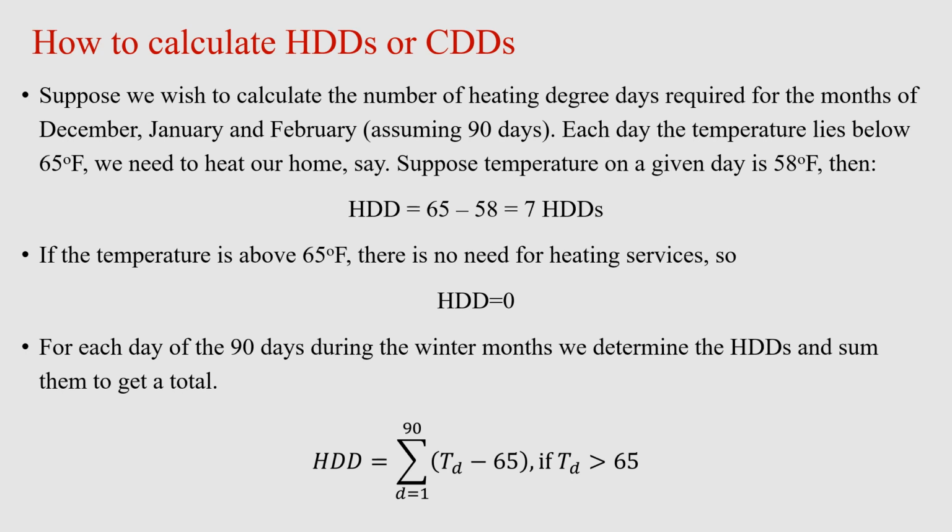Suppose the temperature on a given day is 58 degrees Fahrenheit. Then we calculate the heating degree days for that day as 65 minus 58, which is 7 HDDs. If the temperature is above 65 degrees Fahrenheit, there's no need for heating services, so HDD equals 0. For each day of the 90 days during the winter months, we determine the heating degree days and sum them to get the total as indicated in this expression below.